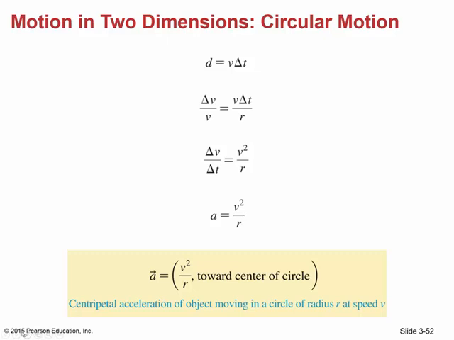All right, now how do we calculate motion in 2 dimensions? How do we calculate velocity? Well, we know that displacement, d, or x, is equal to the velocity times the change in time, right?